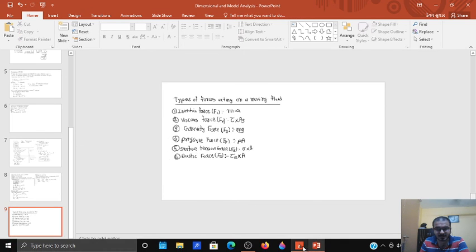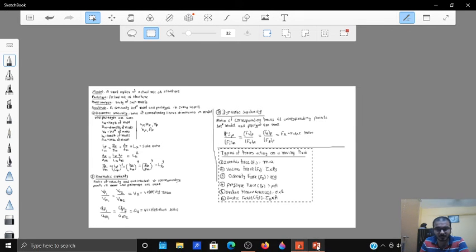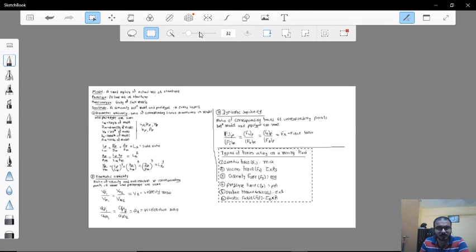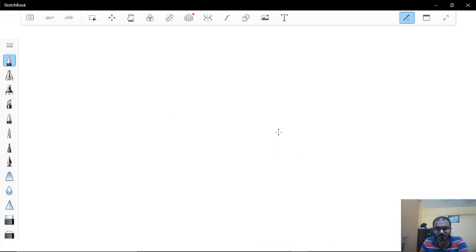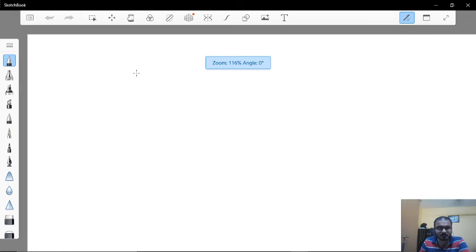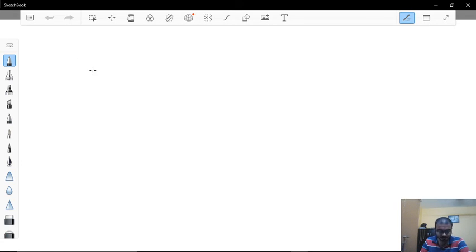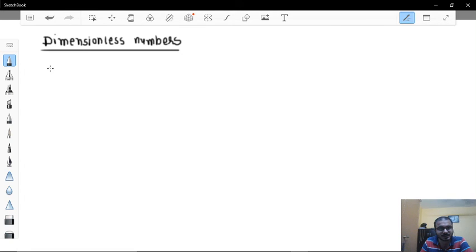So these are the forces acting on a moving fluid. Now let's move forward with our next topic, that is dimensionless numbers.